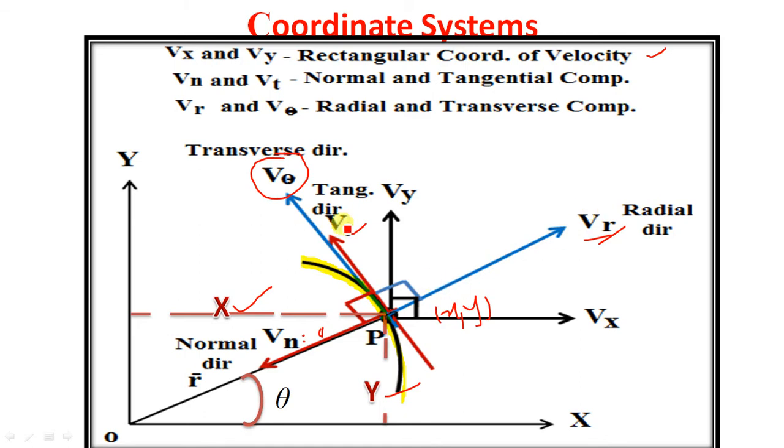Such a system is known as the radial and transverse coordinate system or polar coordinate system. Today we are going to solve some numericals using the radial and transverse coordinate system. In this figure I have explained all three types of coordinate system.